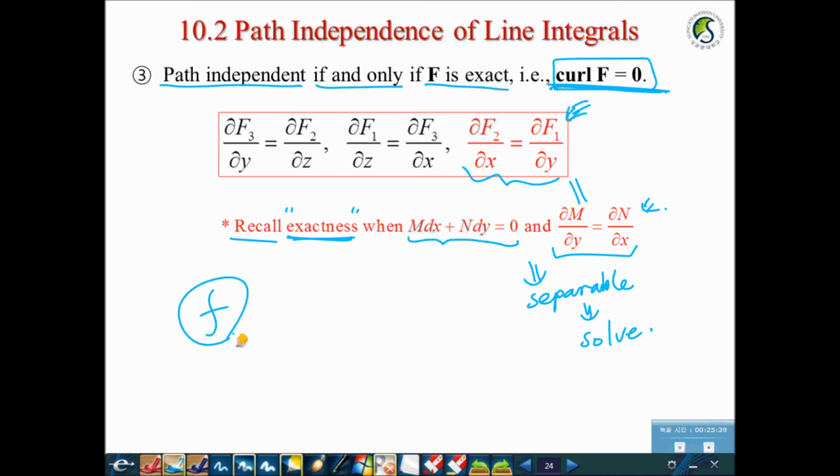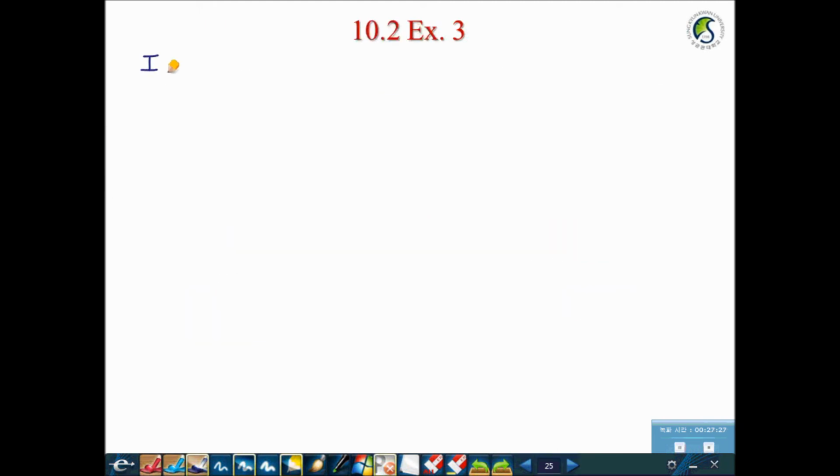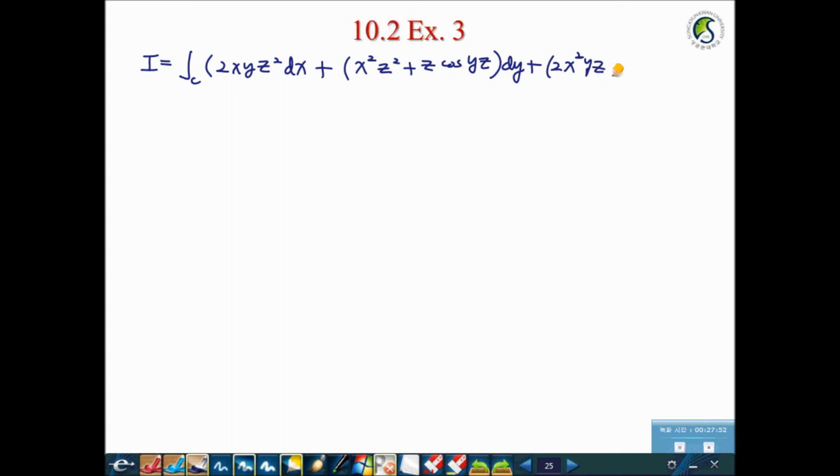If you check this, and if that's true, then it is exact, and we could always find the function f, the potential f. We have this integration problem: 2xy z squared dx plus x squared z squared plus z cosine yz dy plus 2x squared y z plus y cosine yz dz.